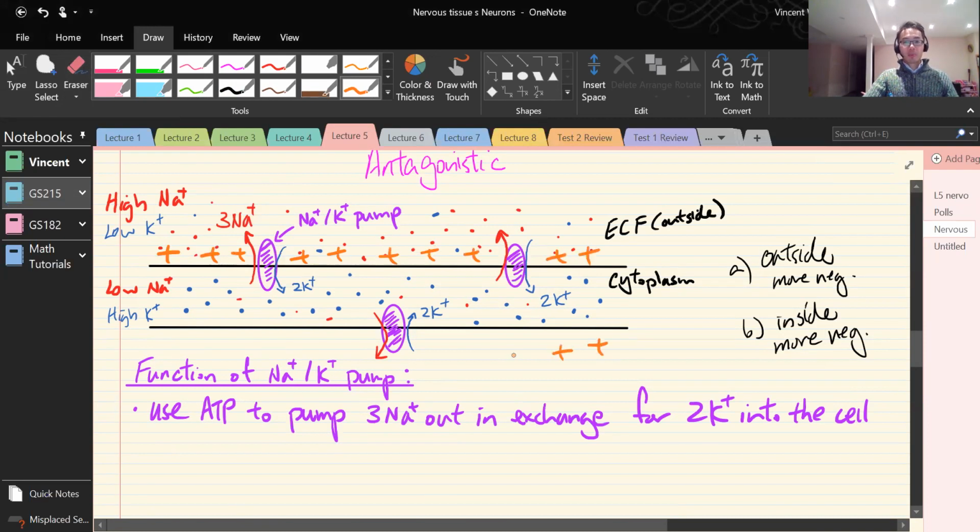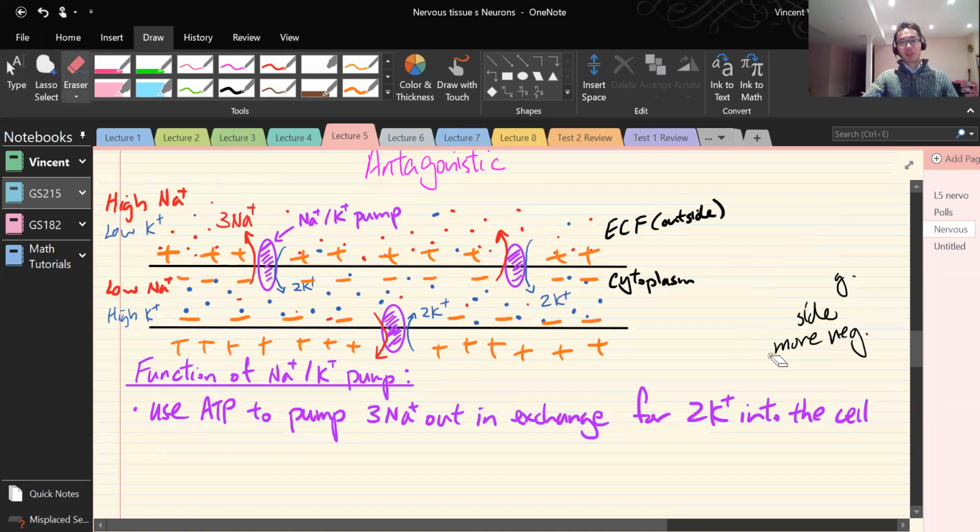And if the outside is more positive, another way to say that is the inside is more negative. Have I convinced you that the inside is more negative? You have to understand why the inside is negative. Otherwise, nothing else would make sense from this point on. Anybody need clarification? You can just private message me if you don't want people to know who you are.